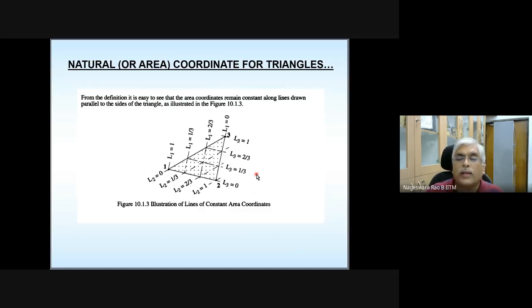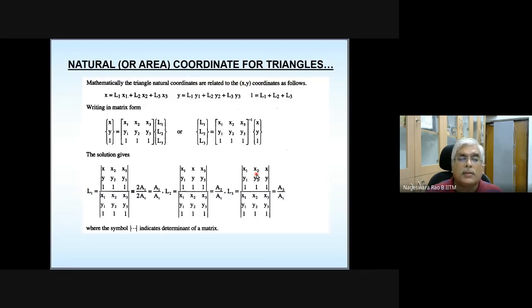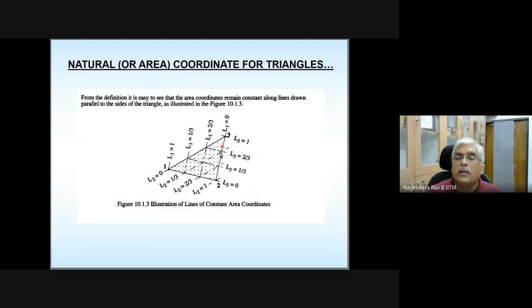Yesterday I told you to verify this information given here. L1 can be calculated using this, L2 can be calculated using this, and L3 can be calculated using this. So based on this, you should be able to verify whether these are correct or not.